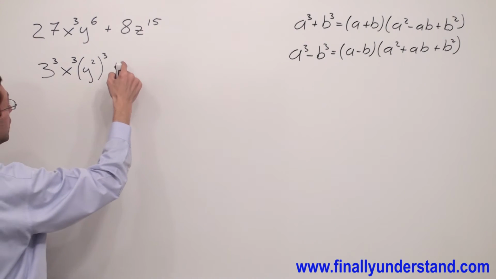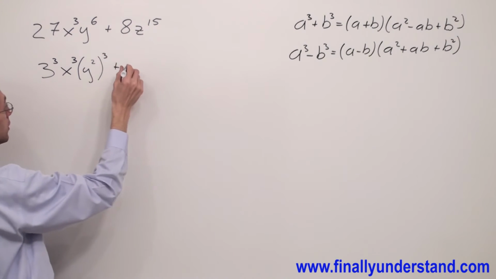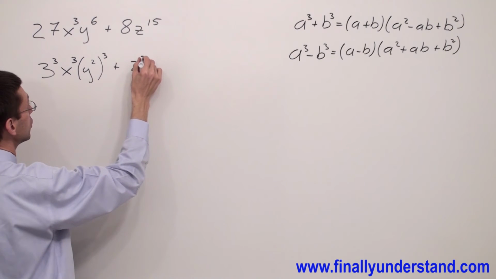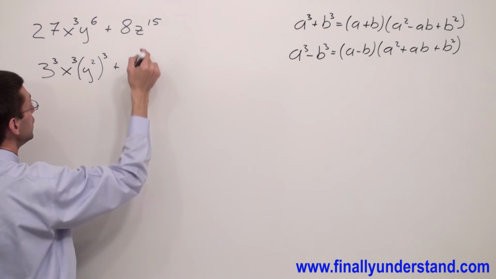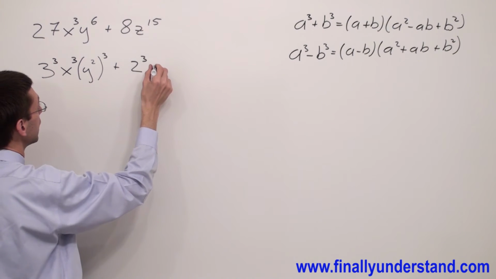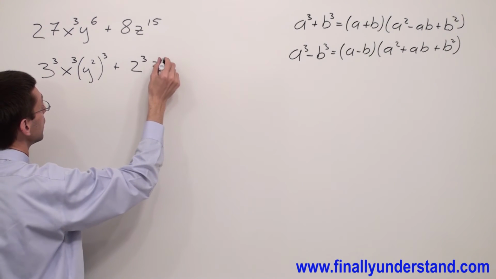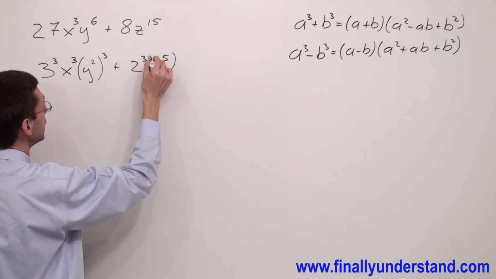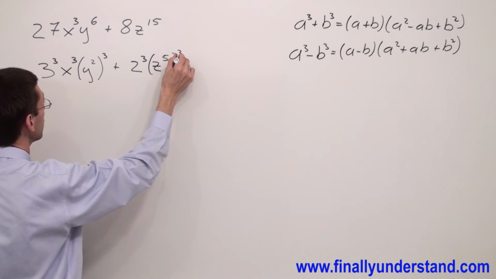plus 8 I can rewrite as 2 to the third power, and z to 15 I can rewrite as z to the fifth and raised to the third power.